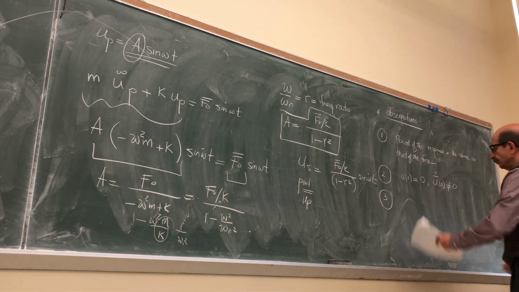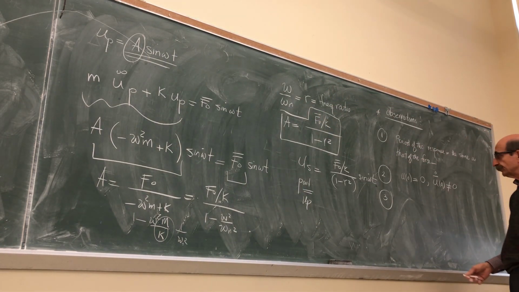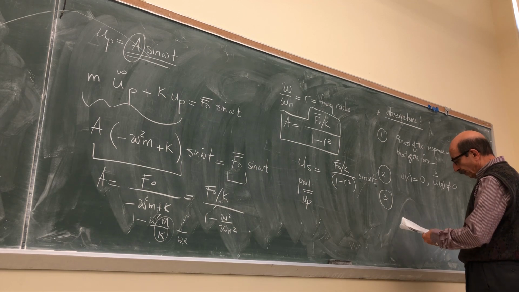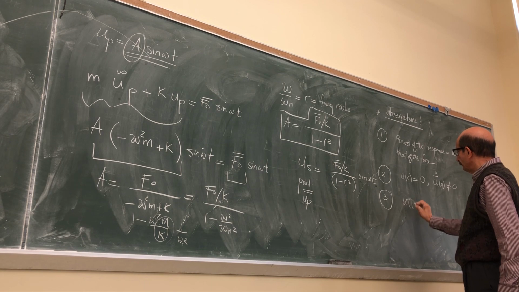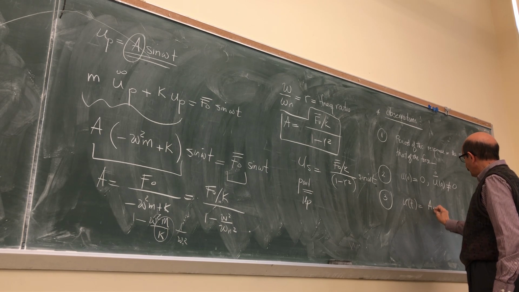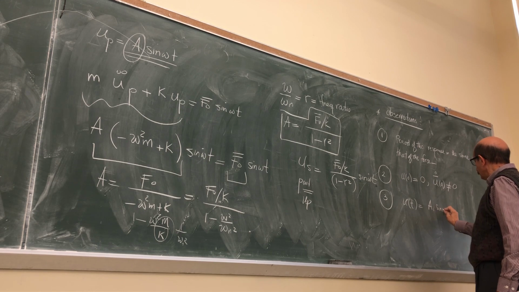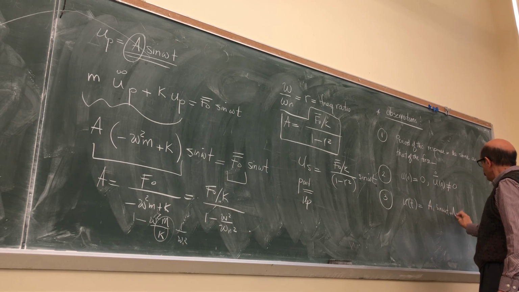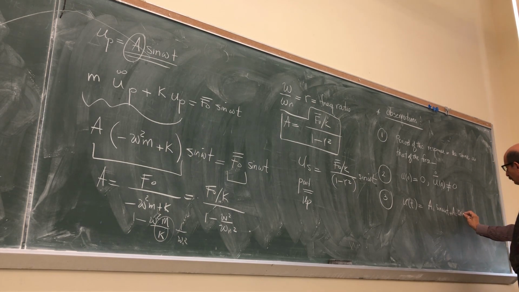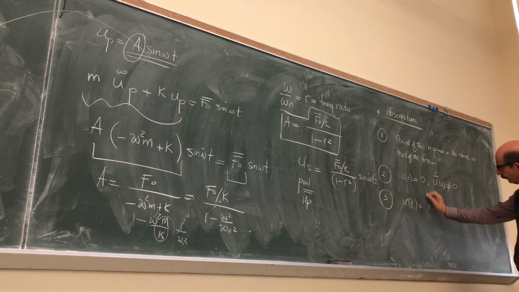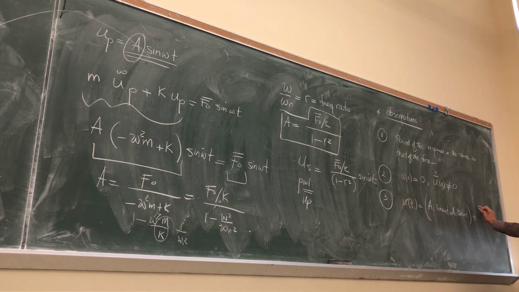The homogeneous response was, depending of course on what form we use, I just write one of them, A1 sine omega_n t plus A2 cosine omega_n t, plus F0 over K, 1 minus r squared, sine omega t.